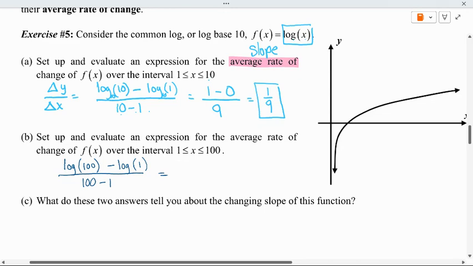So 10 to what power is 100? 10 to what power is 1? So 2 minus 0 on the top. 100 minus 1 is 99. So this has an average rate of change of 2 over 99.